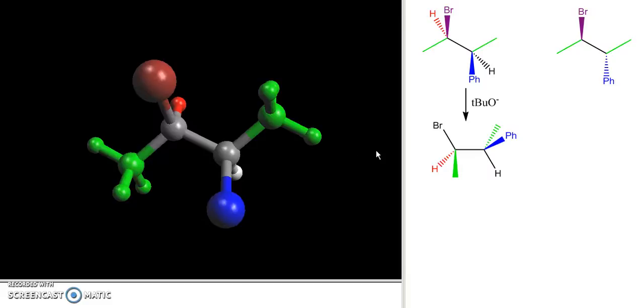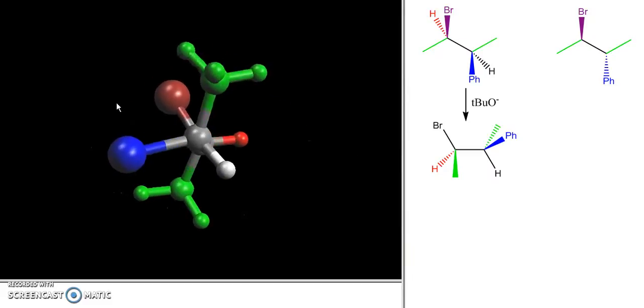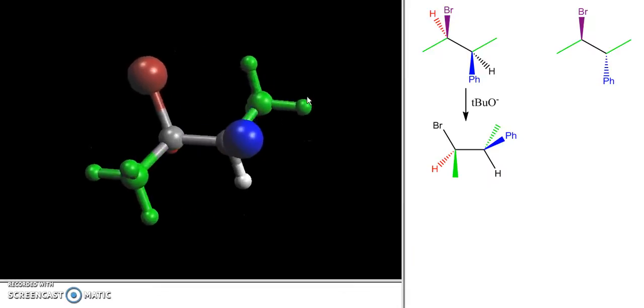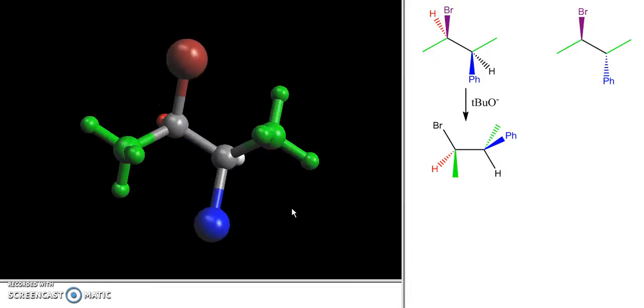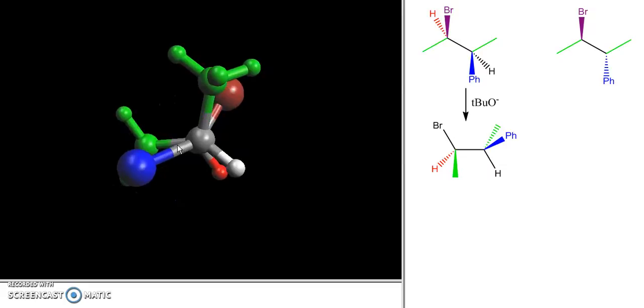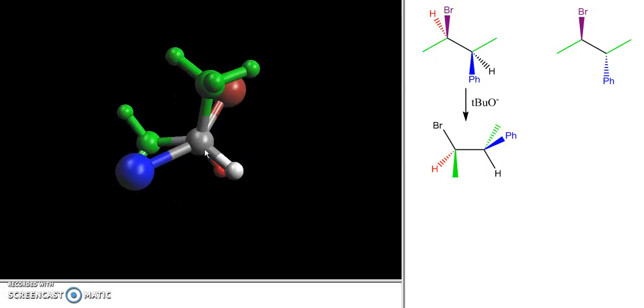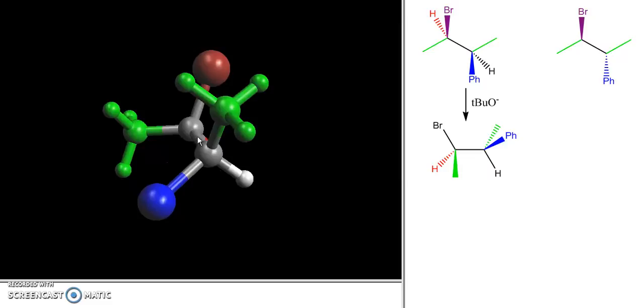Now, if I look at that rotation on my three-dimensional model, what I'm going to do is take my model, and I'm going to orient it so that I can look down the C2, C3 bond. This is my bromine, this is my hydrogen. Those are the ones that have to be anti-periplanar.